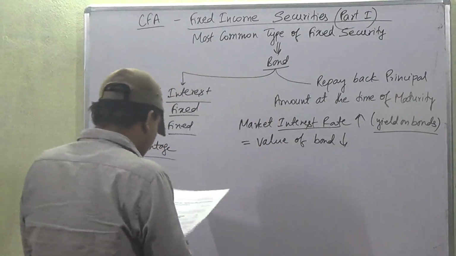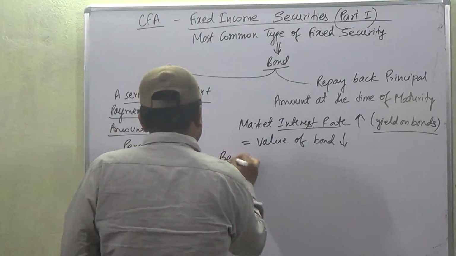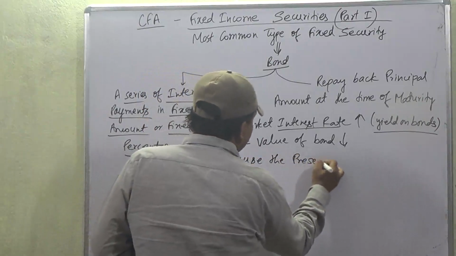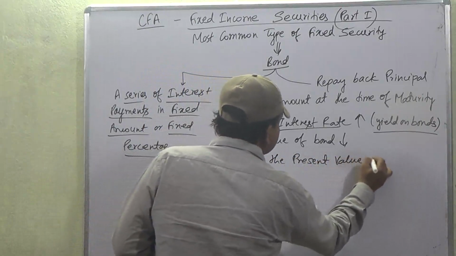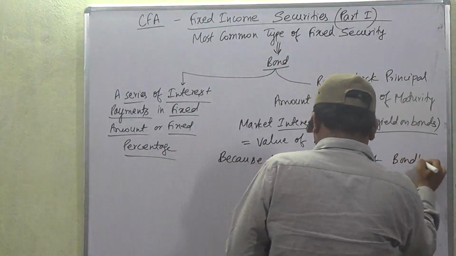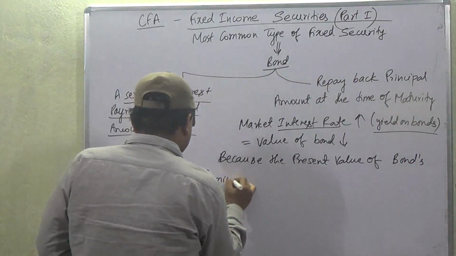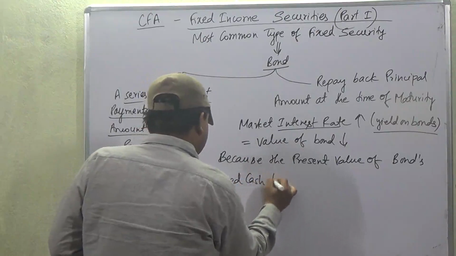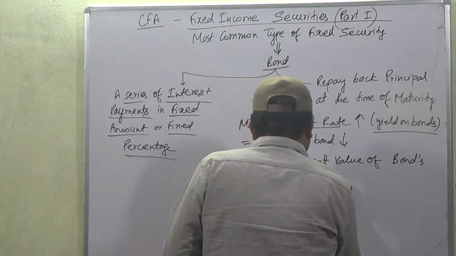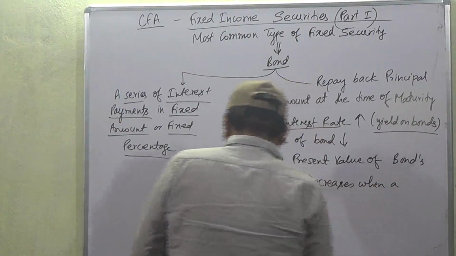You could write it in words: the present value of the bond's promised cash flow decreases when a higher discount rate is used.